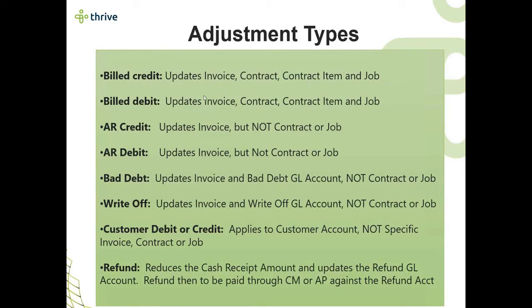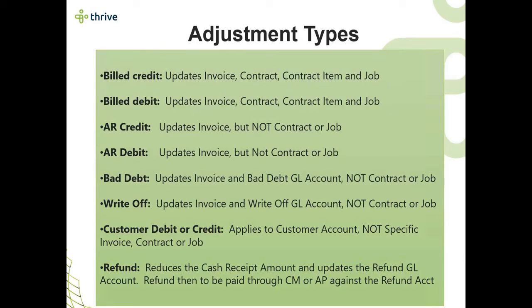The disadvantage of making adjustments for invoice amounts here is that if you look at the invoice amount in accounts receivable after you've either added to or removed it through billed credit or billed debit, and you compare that with the invoice that was originally entered back over in billing, they won't be the same, because even though it updates the invoice detail, it only updates it in accounts receivable and contracts, contract item and job.